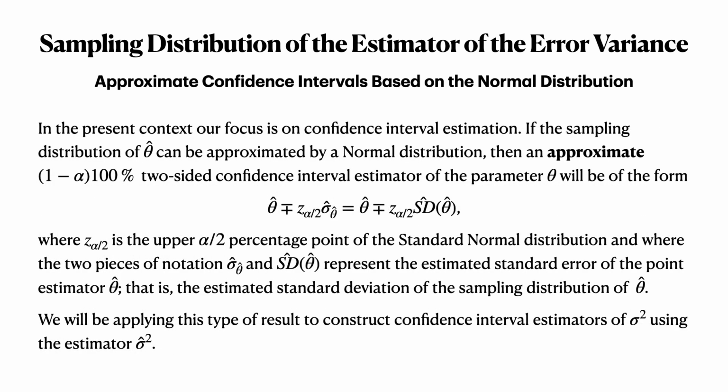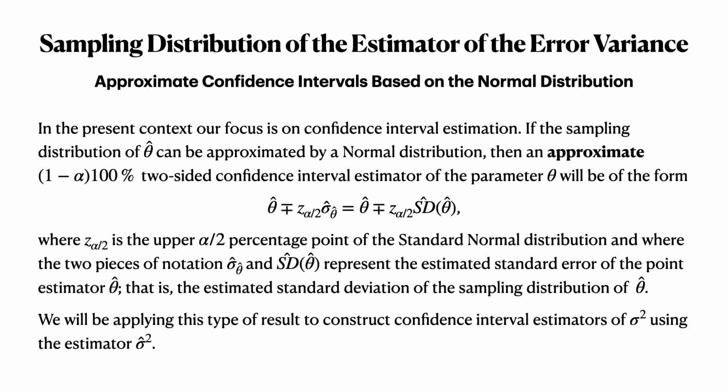In the present context, our focus is on confidence interval estimation. If the sampling distribution of theta hat can be approximated by a normal distribution, then an approximate 1 minus alpha times 100% two-sided confidence interval estimator of the parameter theta will be of the following form.